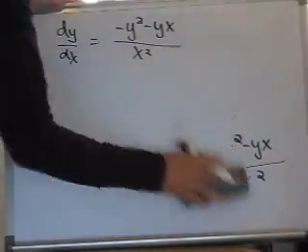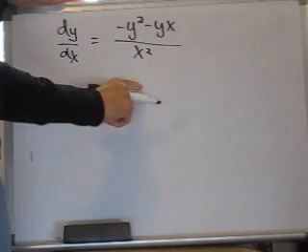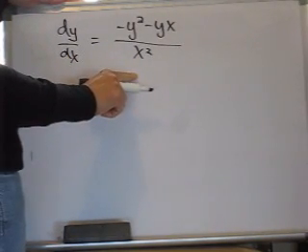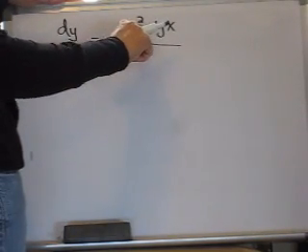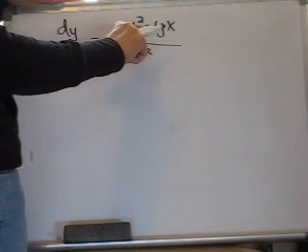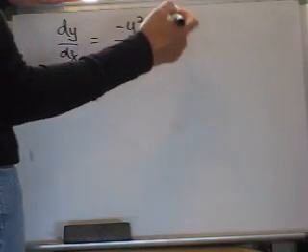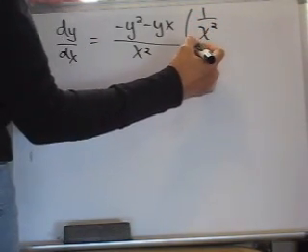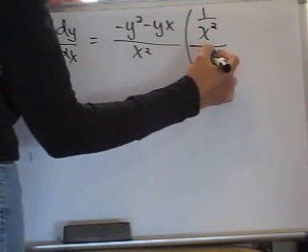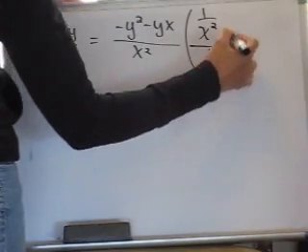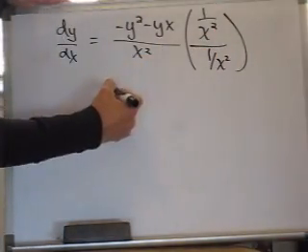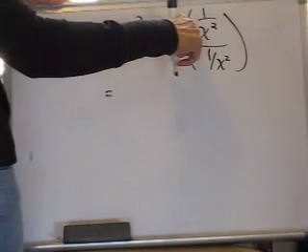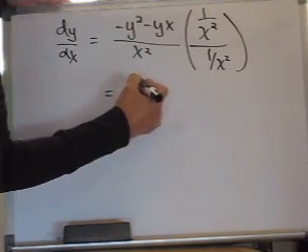A way that works well generally to get the right-hand side in the form y over x is to find the highest power of x in the denominator and divide every term by x to that power. So I'm going to take the entire numerator and divide each term by x squared, and in the denominator I divide each term by x squared. So here I'm going to get negative y squared times 1 over x squared.